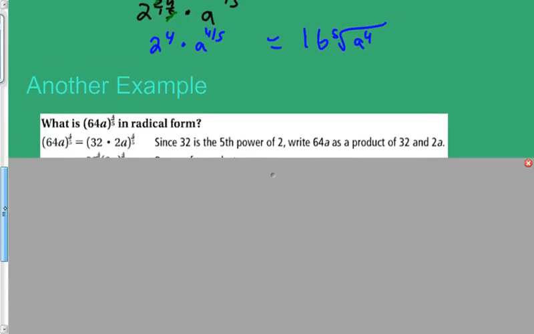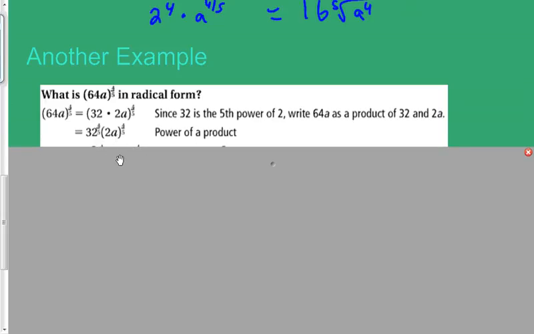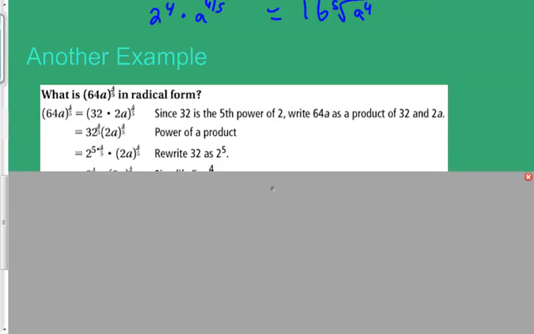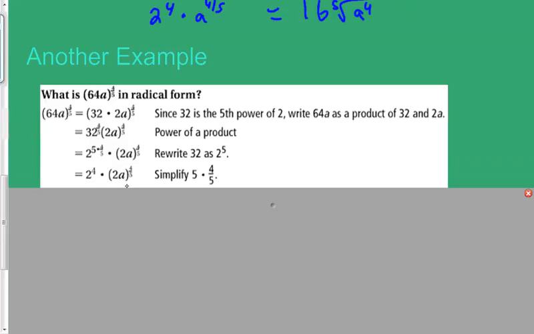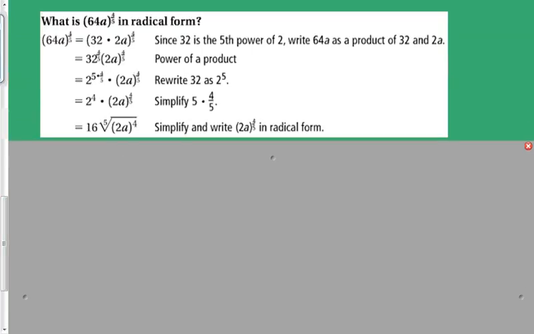You can use your calculator, but we can break it apart because 32 is 2 to the 5th power. So then we get 2 to the 4th power there, times 2a to the 4/5 power. Then 2 to the 4th power is 16, and that would be 2a raised to the 4th power, and you take the 5th root of that.